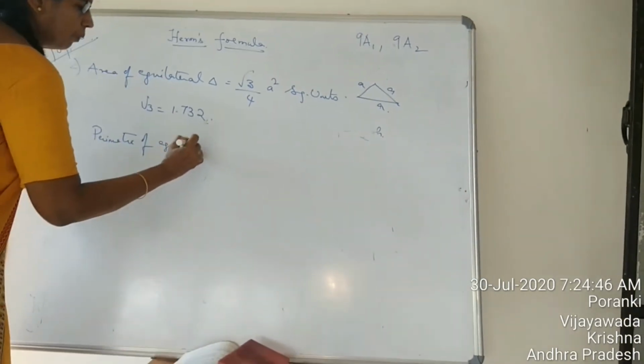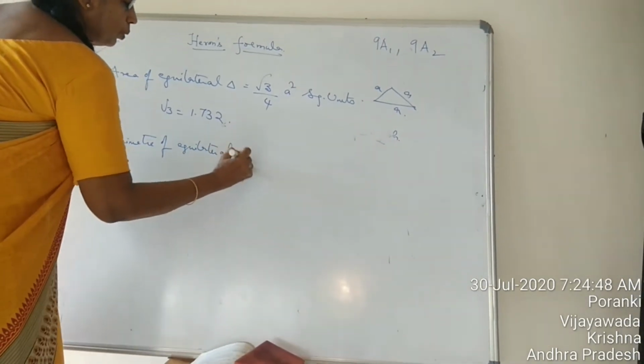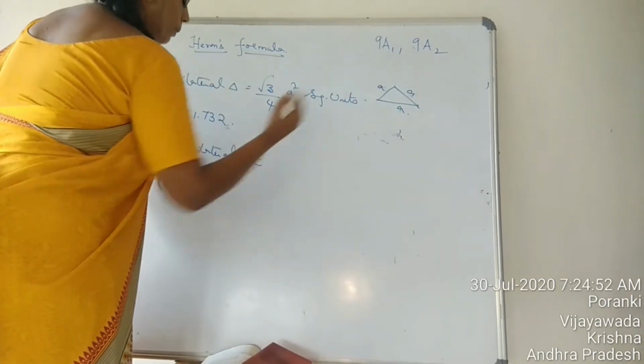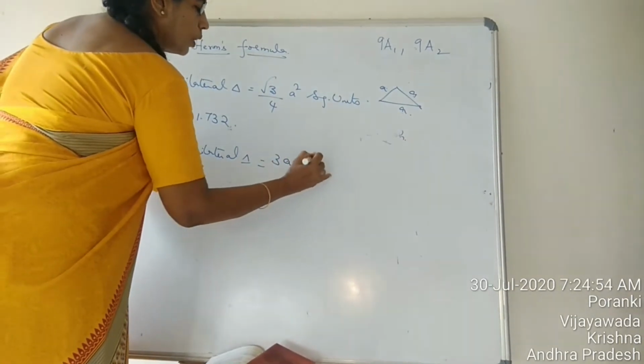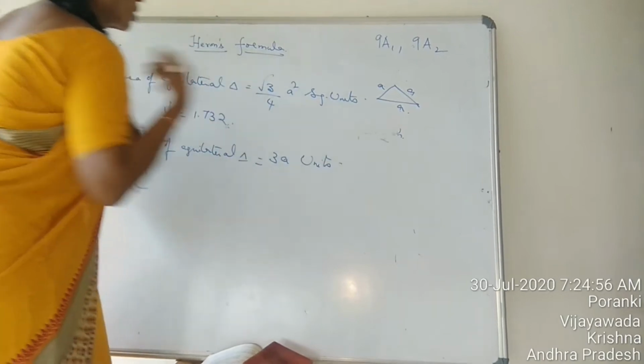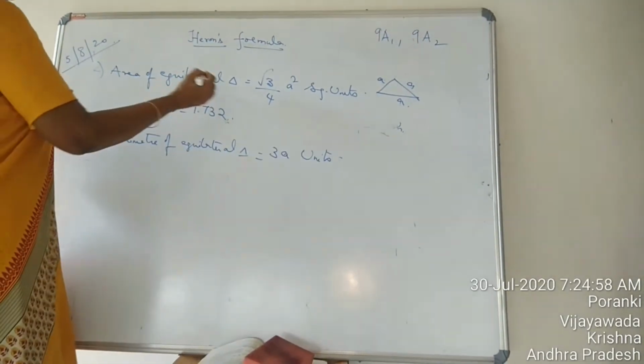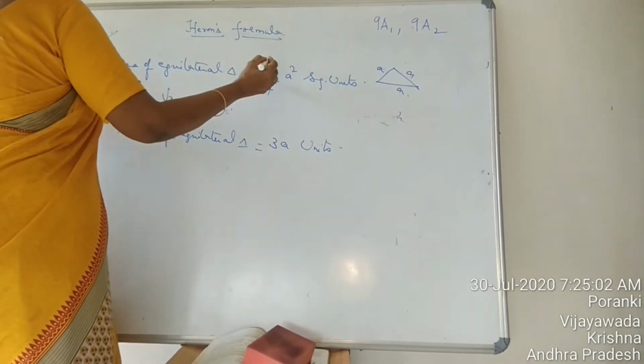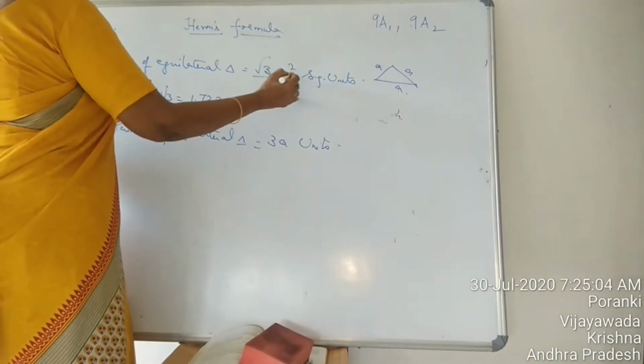Perimeter of equilateral triangle. Perimeter of equilateral triangle is equal to the sum of all the three sides, a plus a plus a, that is equal to 3a units. An equilateral triangle, children, all the sides are equal.